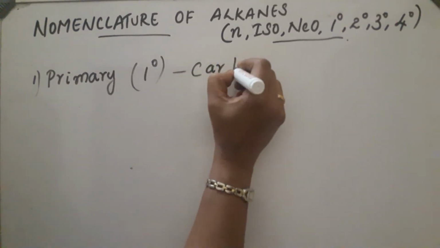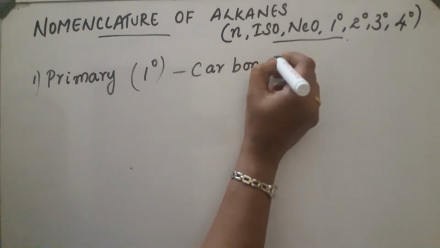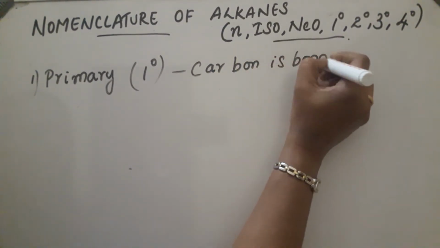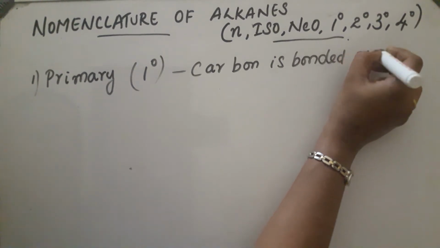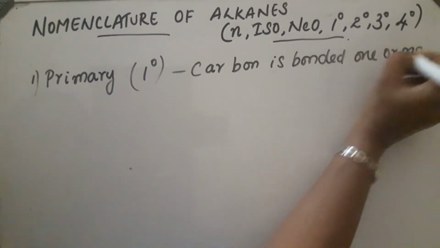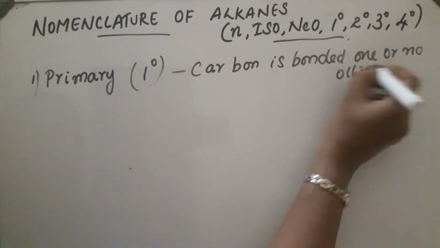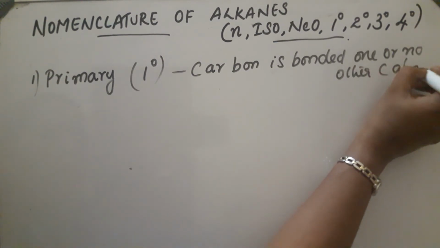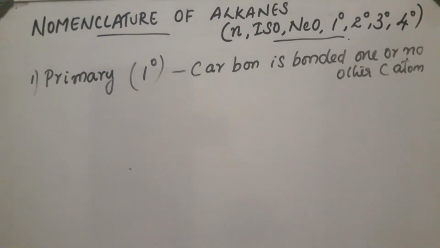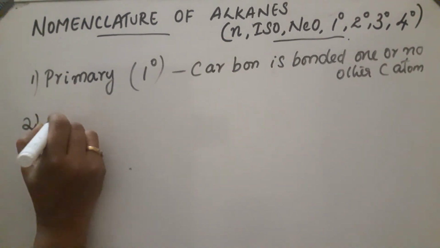If all the other attachments are hydrogen or some other groups, and it is attached to only one carbon atom, in such cases they are called primary.